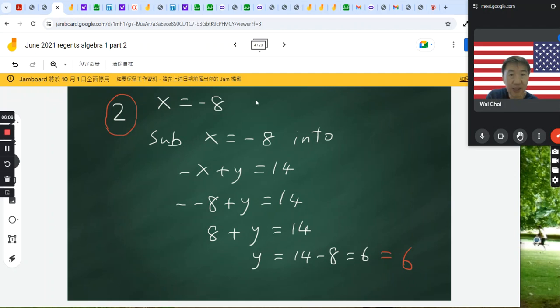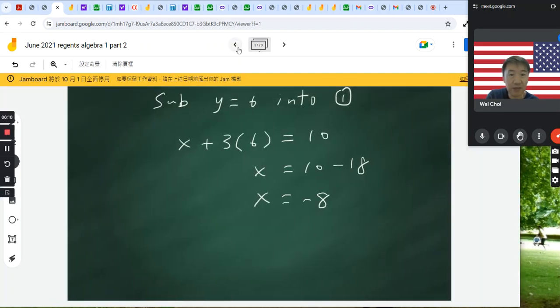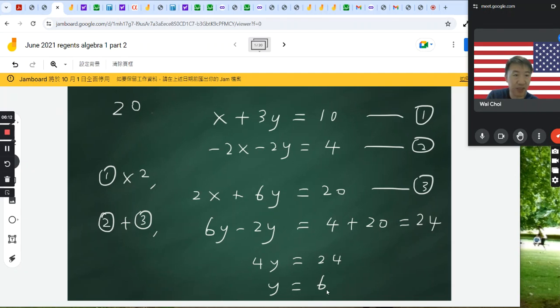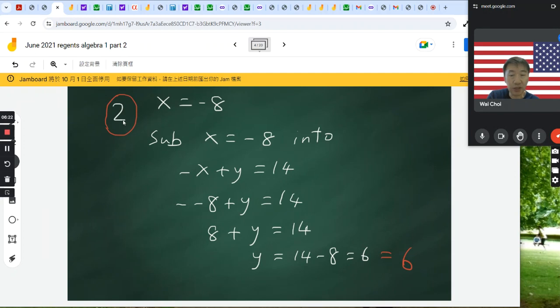Now 6 is the same as what we had before, y equals 6. So those two systems have the same solution: y equals 6, x equals negative 8. And therefore, choice 2 is the answer to this question.